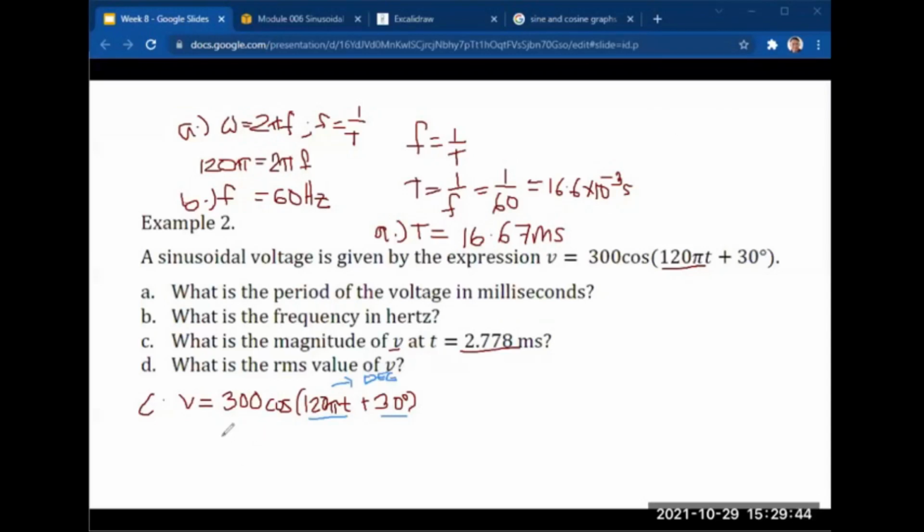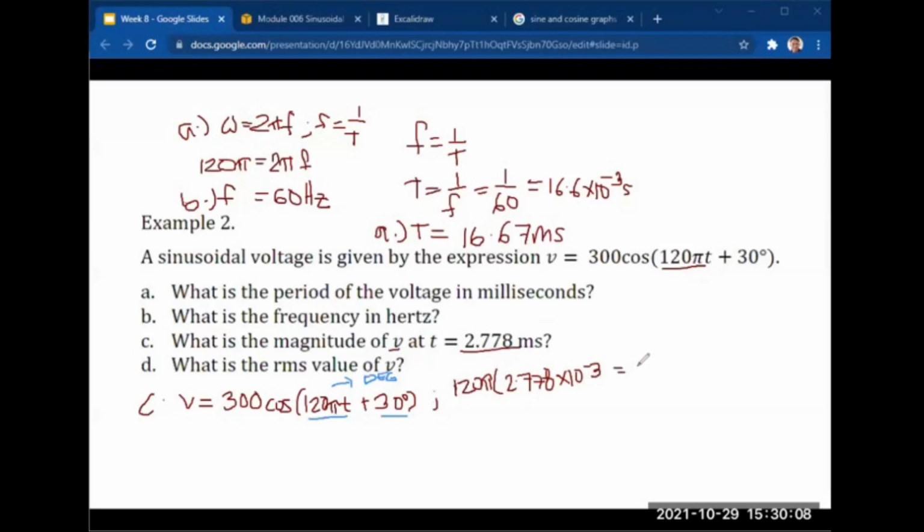So what will happen now is 120 pi times t, which is 2.778 milli, so times 10 raised to negative 3. This will be omega in radians.